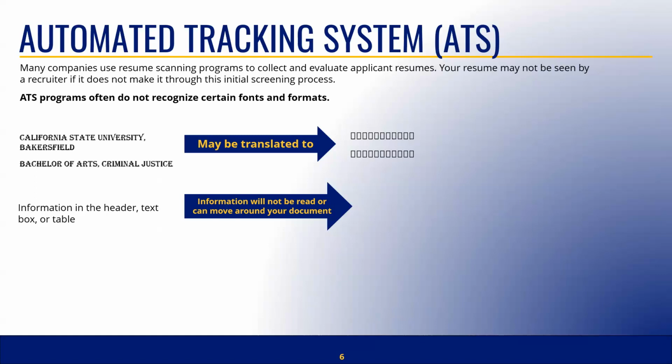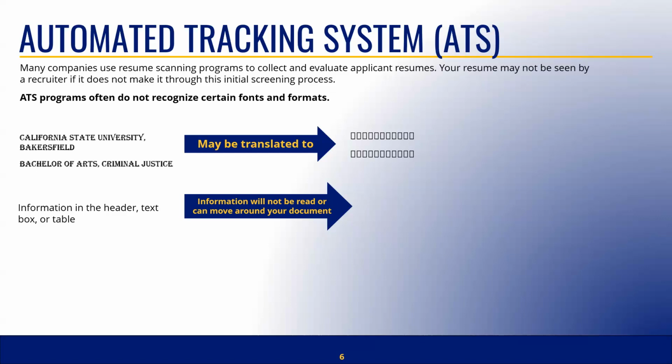It is important to recognize that there are certain fonts or formats that the system cannot properly process your information. That's why it is important that you are cautious with the resume templates that you find online. If the resume has color fonts, borders, graphics, or pictures, the system has a hard time reading and processing the information on your document.